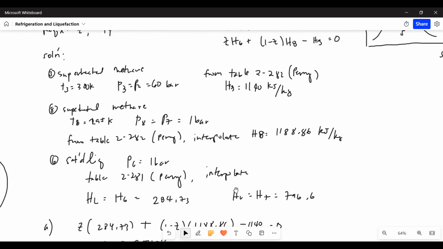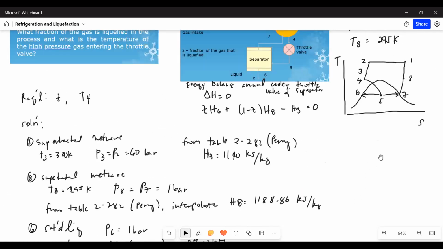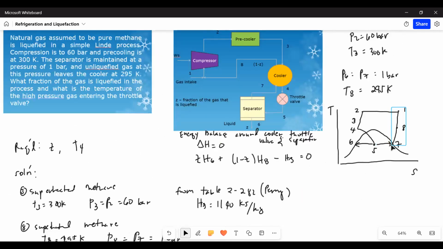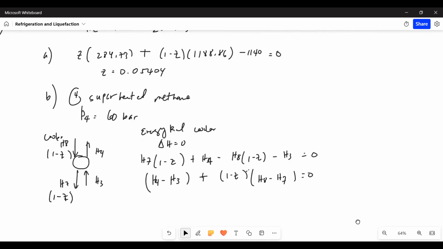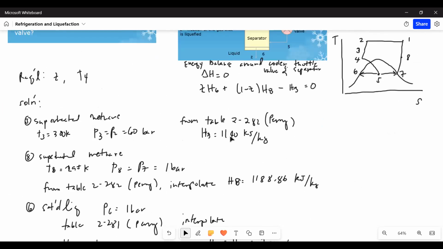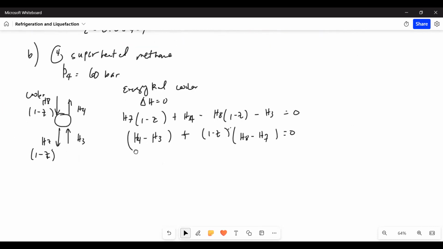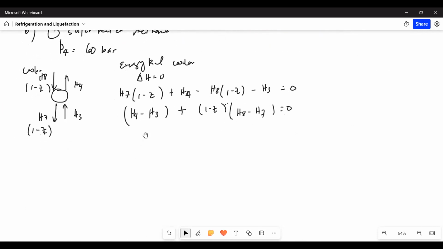H8 and then H7 from the steam table. That part is the pure saturated vapor. So we just read off from the table together with H6. And we also have H3 and Z. So the unknown value is just H4. Substitute everything and solve for H4. H4 is 768.94 kilojoules per kilogram.